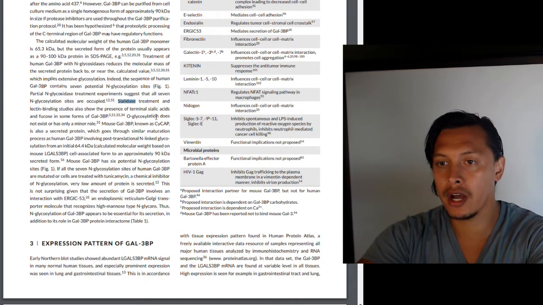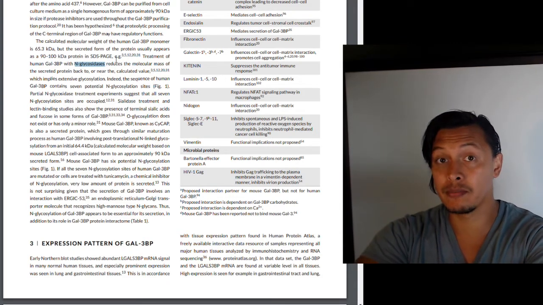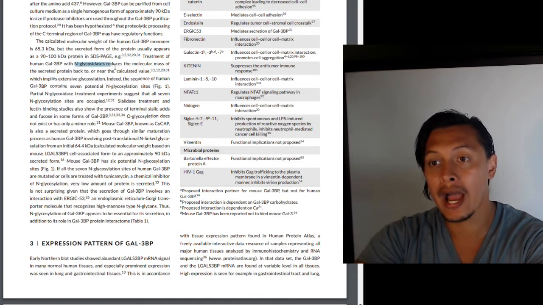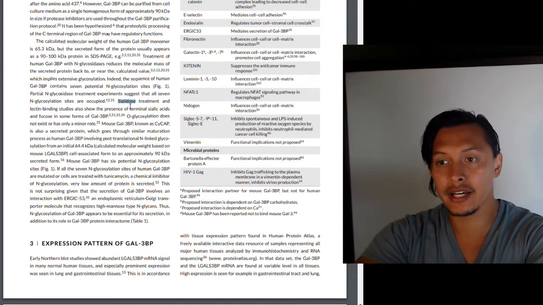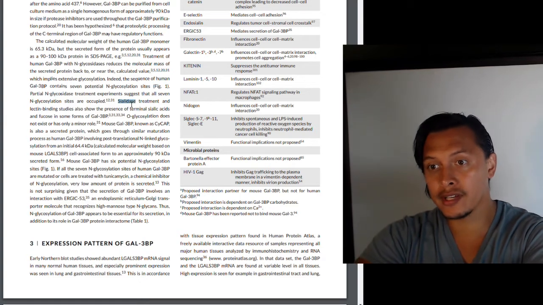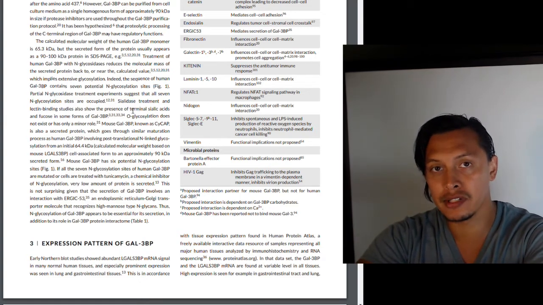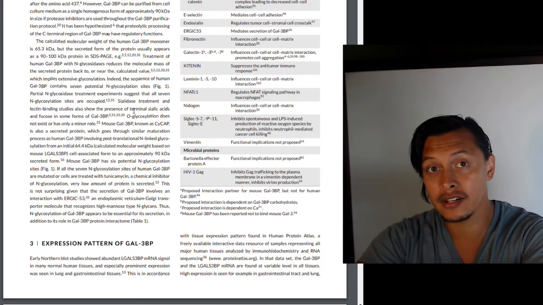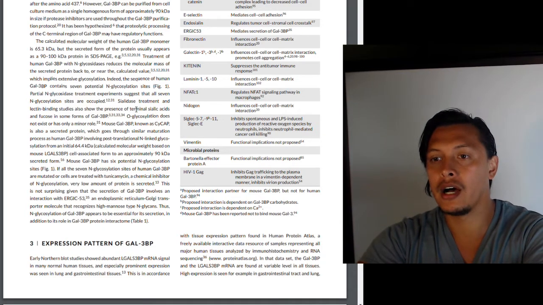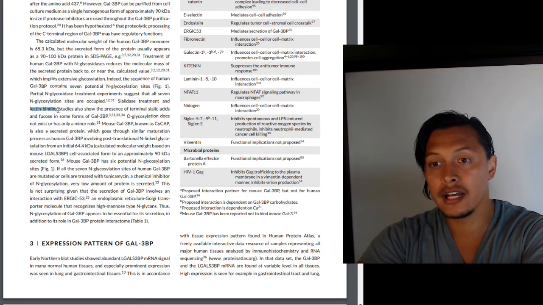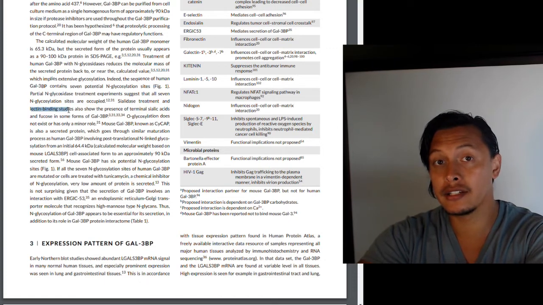Remember up here when we were talking about N-glycosidases, this wasn't as specific. That was just saying you have sugars. But here with the sialidase, if you remove explicitly sialic acid from your protein, your lectin is not able to bind it in the same way. That's what these lectin studies are doing.